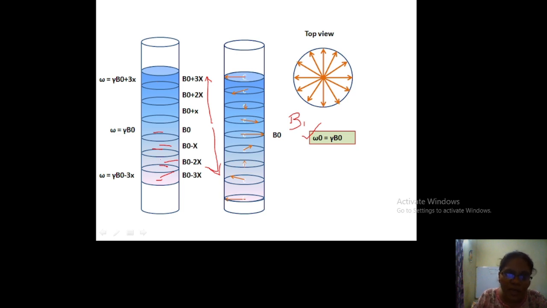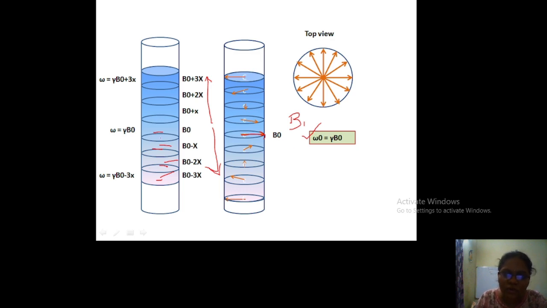If you look at the magnetization vector of a particular proton, in this region, look here, this is the magnetization vector of a particular proton. At the center, the magnetization vector precesses with the frequency of gamma into B naught.